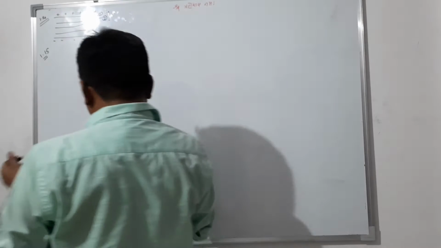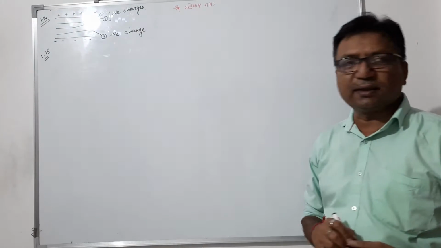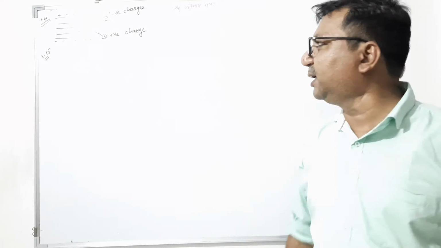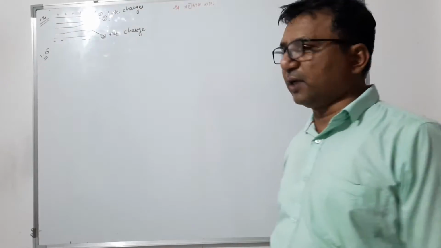So these both charges are negative charge, and this is a positive charge. Okay, so here in this question you have to identify only the type of charges. This is general knowledge you have to use here.